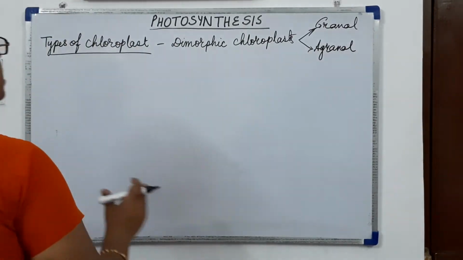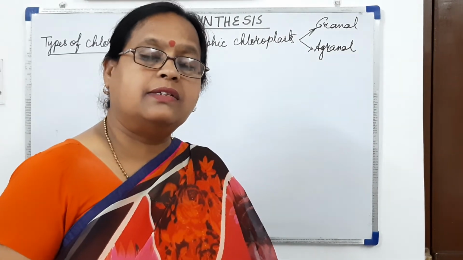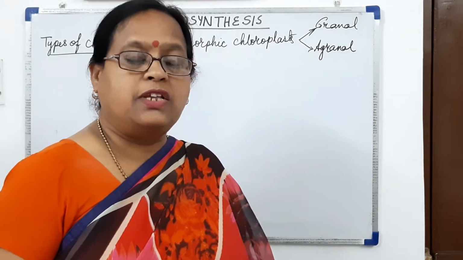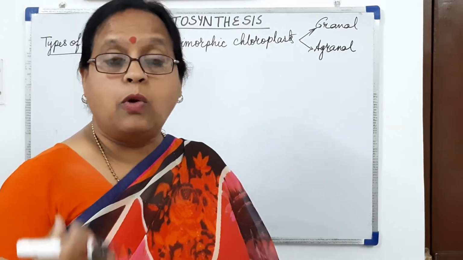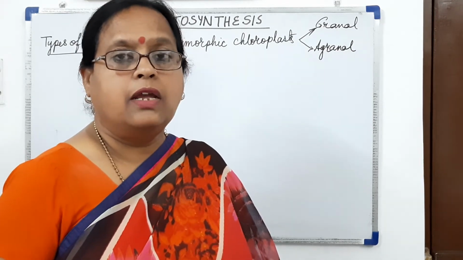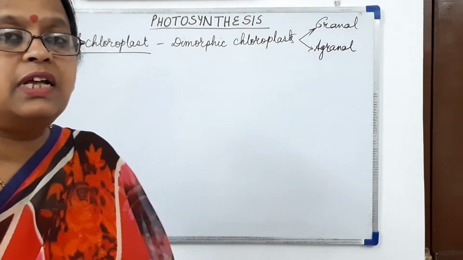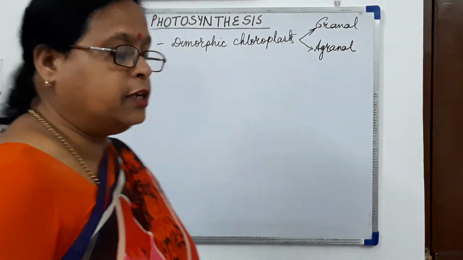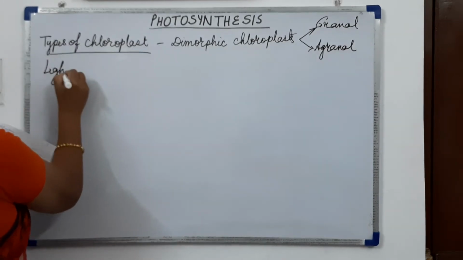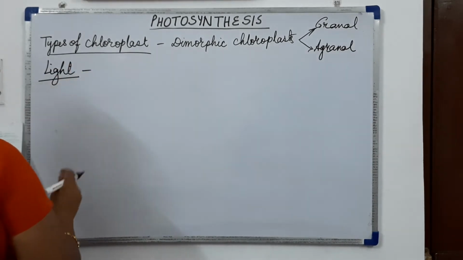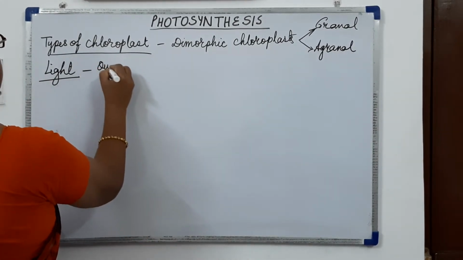Then among the factors of photosynthesis, we have studied that photosynthesis is affected by temperature, carbon dioxide concentration, the amount of light, the quality of light and the type of light. So all these factors are there. Among those factors, if we see the light factor, it is considered among the quality of light.